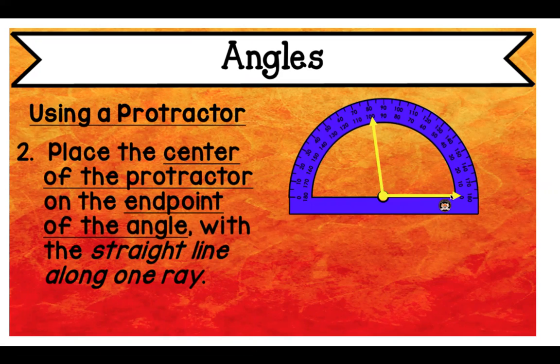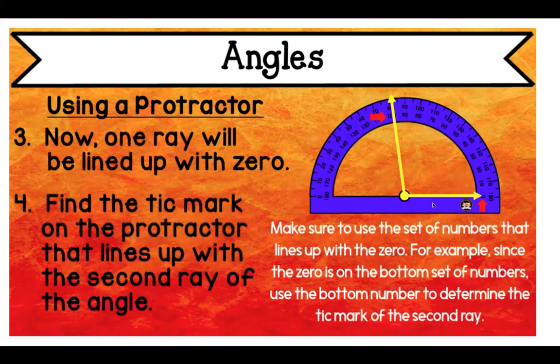See how this line is on that straight edge of the protractor. And then we're able to measure, counting up from 0, 10, 20, 30, 40, 50, 60, 70, 80, 90, 100. So this angle would be measured as 100 degrees. Okay, make sure to use the set of numbers that lines up with 0.